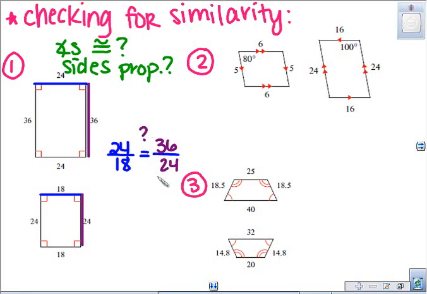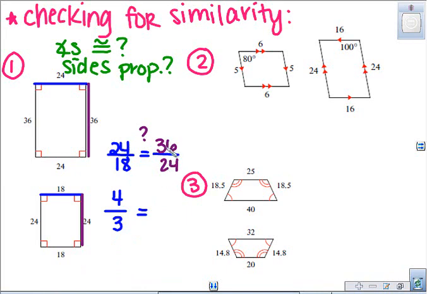So you can reduce both fractions, or if you have a calculator, you can just divide and get your answer, whether it's a decimal or a whole number, and see, do you get the same answer when you divide both of these? So 24 over 18, this will reduce. 6 goes into both of these. 6 goes into 24 4 times, and 18 3 times. And then the 36 over 24, 6 goes into both of these, but so does 12.